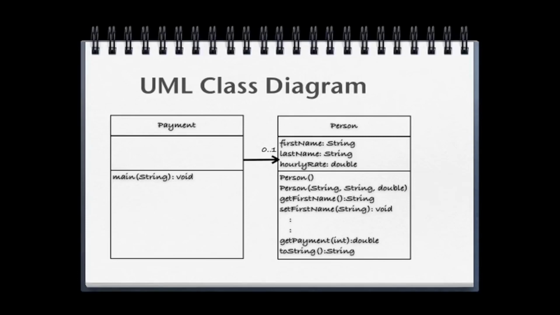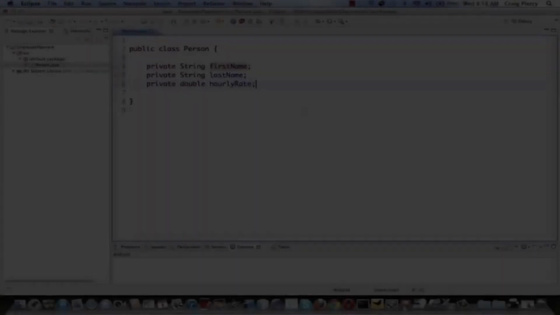The first one will be our default constructor, which we'll use to initialize our field variables to default values. The second one will allow someone who uses the class to actually enter in values for the first name, last name, and hourly rate as soon as they begin creating an object of the Person class.